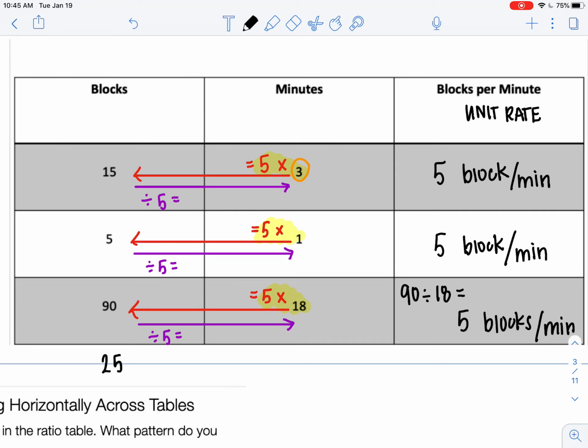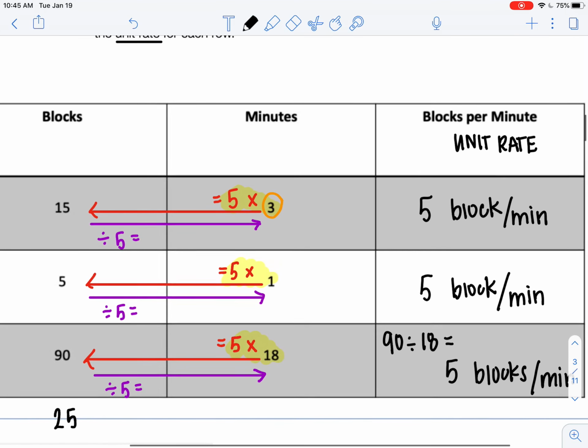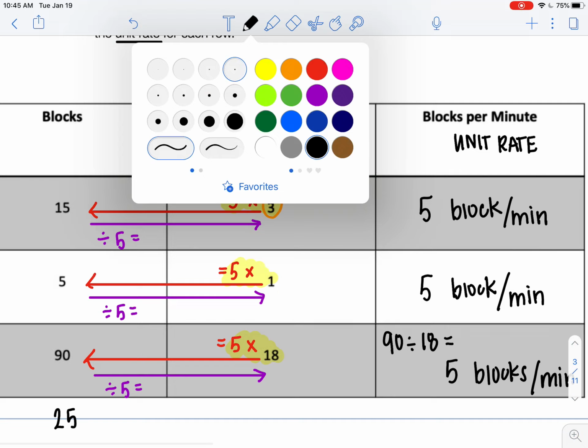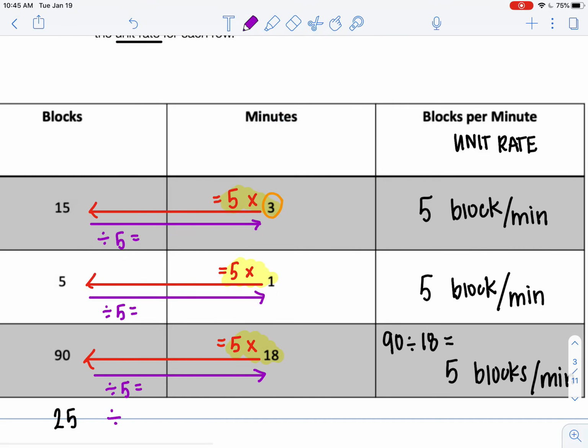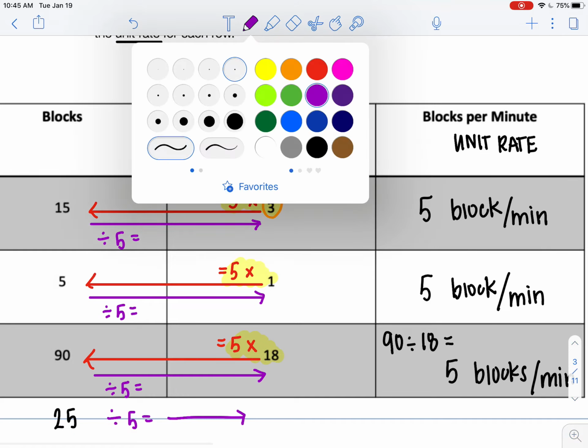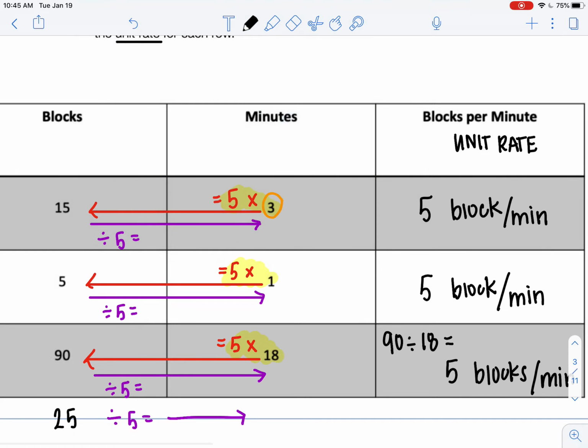Well, instead of having to pull out 25, do this whole arrow business, find an equivalent ratio, I could simply say, oh, well, I know that I can always divide the number of blocks by 5, and that will tell me the number of minutes it takes. In this case, 5 minutes.